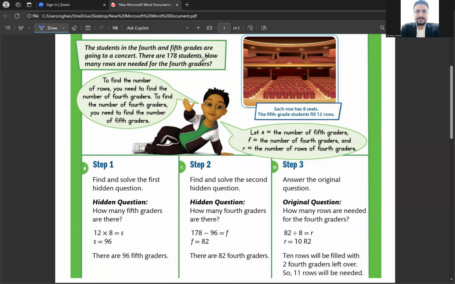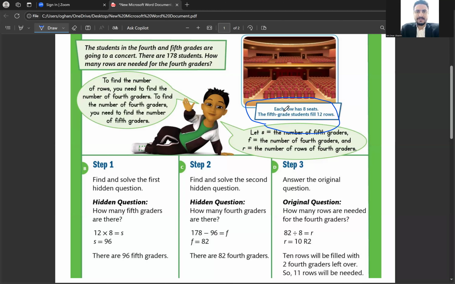Then how many rows are needed for the 4th graders? Here we have another piece of information. Each row has 8 seats, and the 5th grade students fill 12 rows.